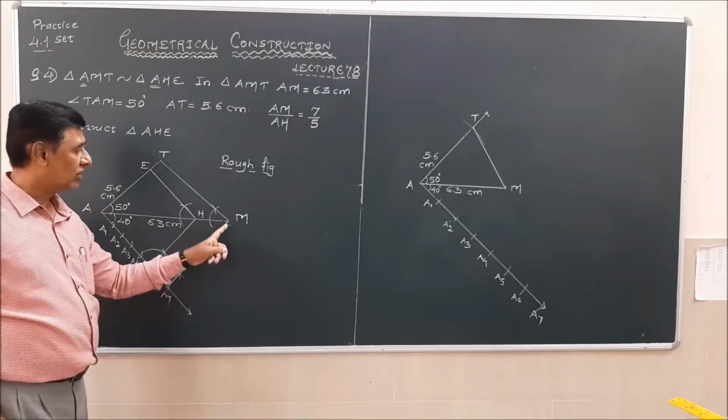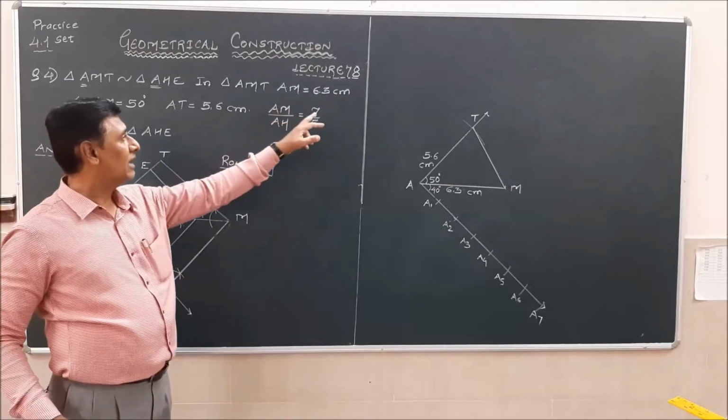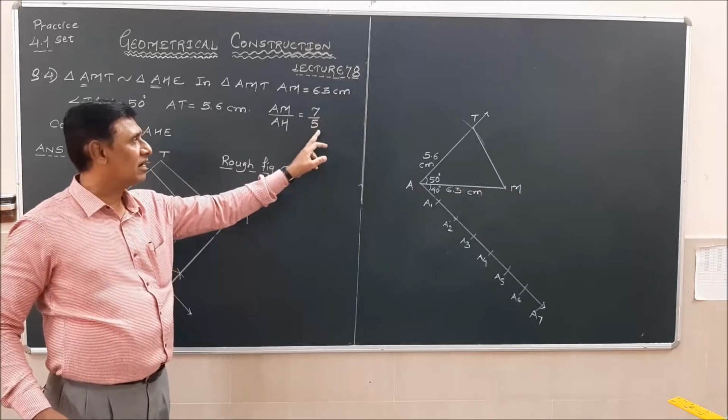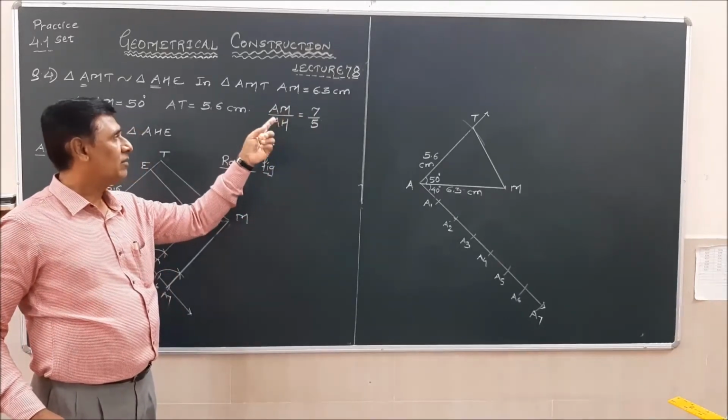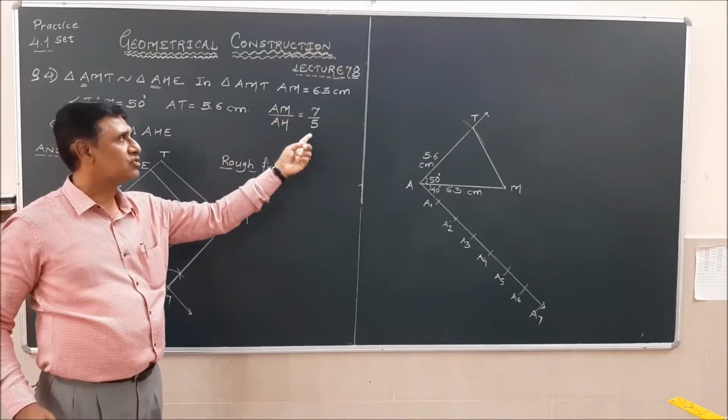A7 I am going to join to M. Why? Triangle AME has the ratio of the sides of AME to AHE as 7:5.